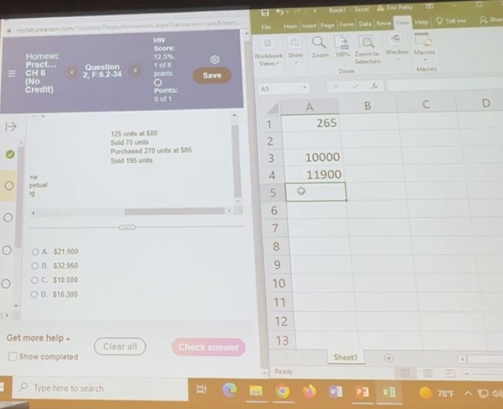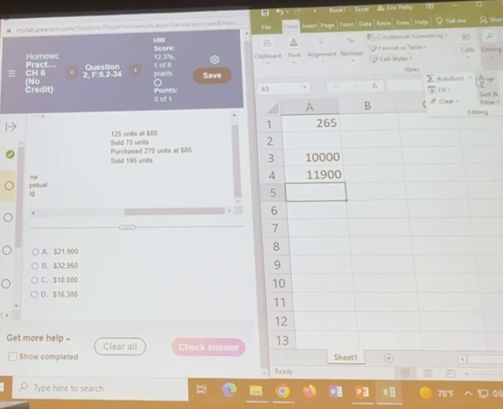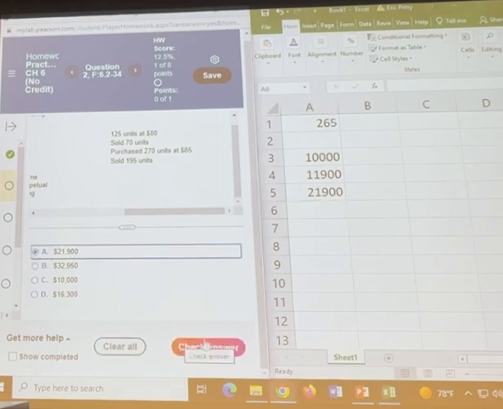And then add these two numbers together. So 21,900 should be our cost of goods sold.